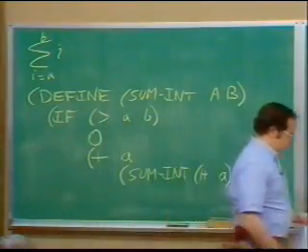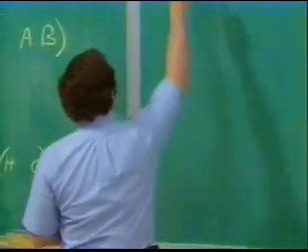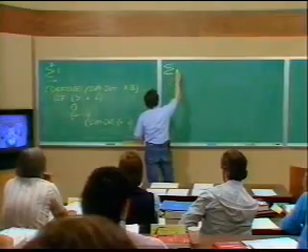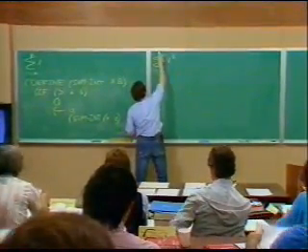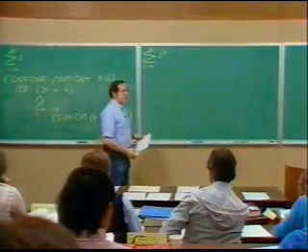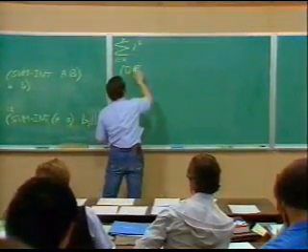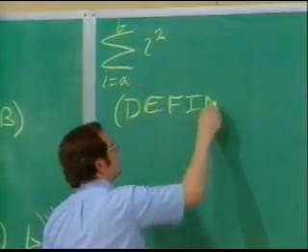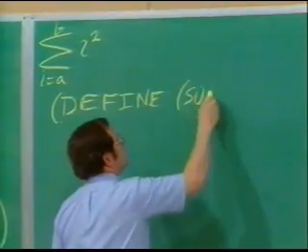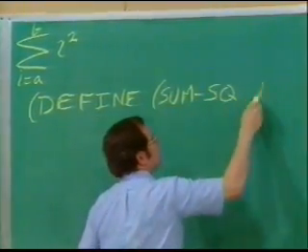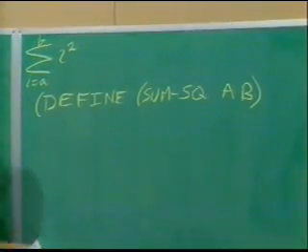Now, I'm also going to write down another simple one just like this, which is the mathematical expression, the sum of the squares from I equal A to B. And again, very simple program. And indeed, it starts the same way.